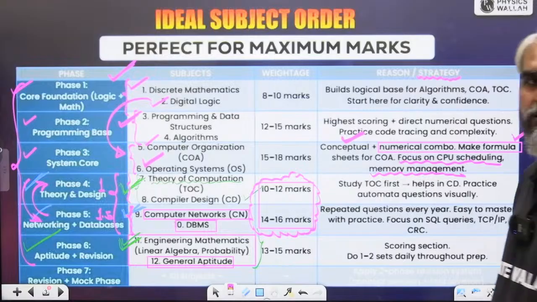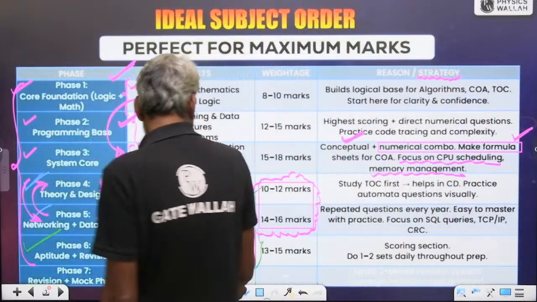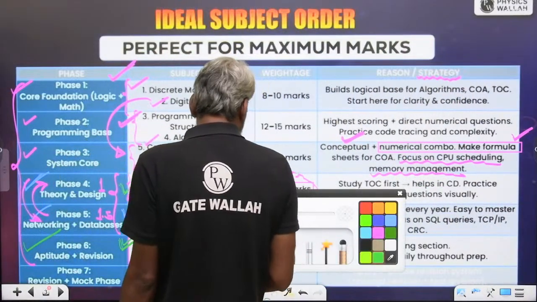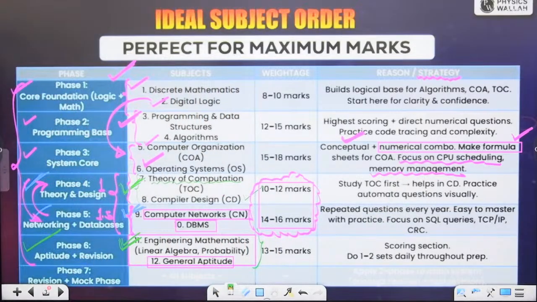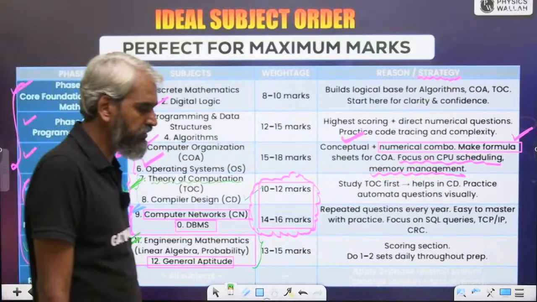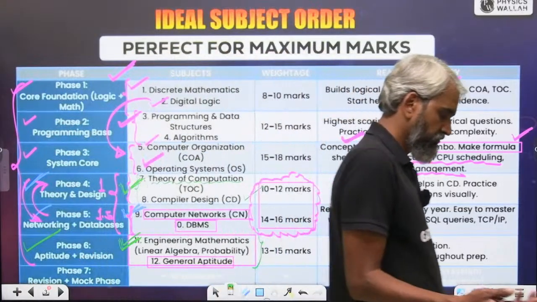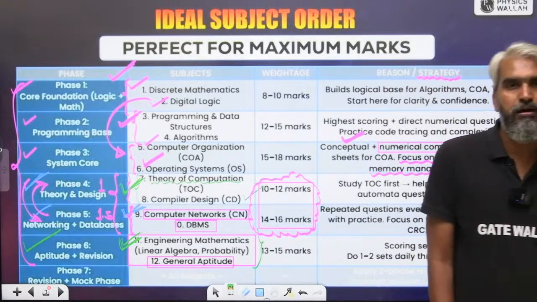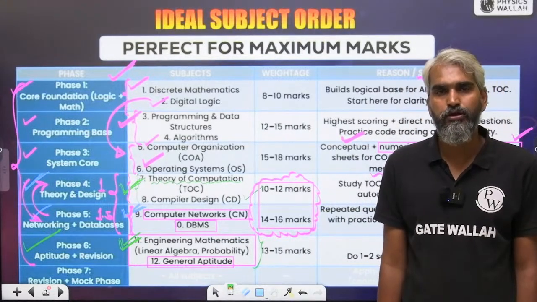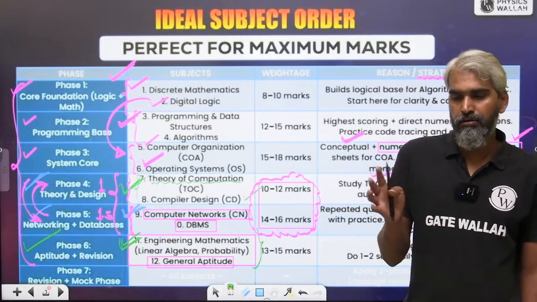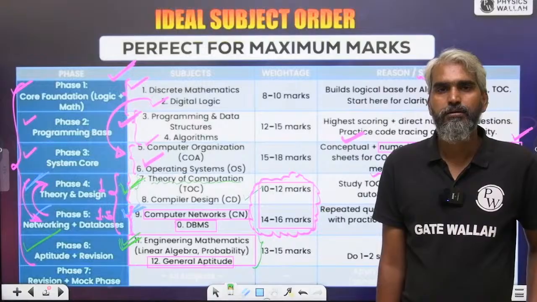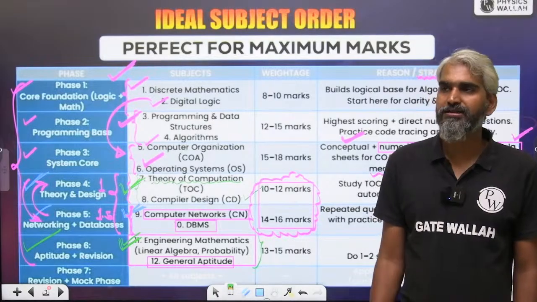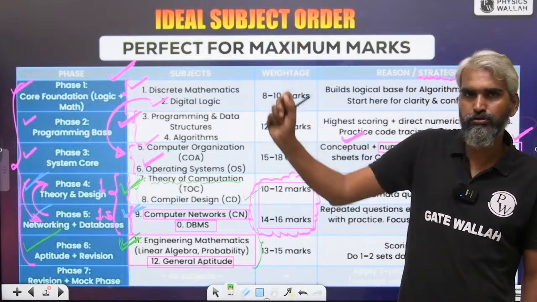Let me tell you very honestly that which subjects are important is not at all relevant from the organizing institute's point of view. You have a very bad conception. People will tell you that because IIT Guwahati is preparing the questions for GATE 2026, and in the past 3 to 4 times that IIT Guwahati prepared the GATE paper, they asked the maximum number of questions from such and such topic.